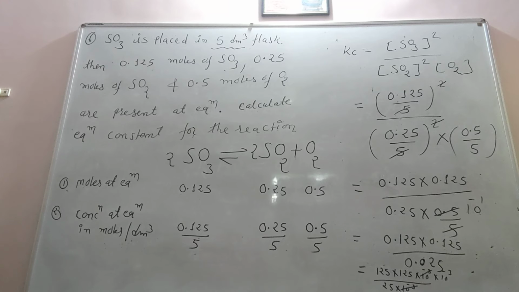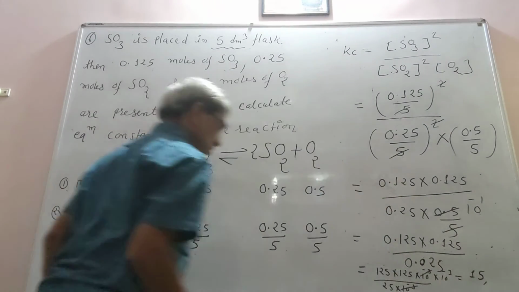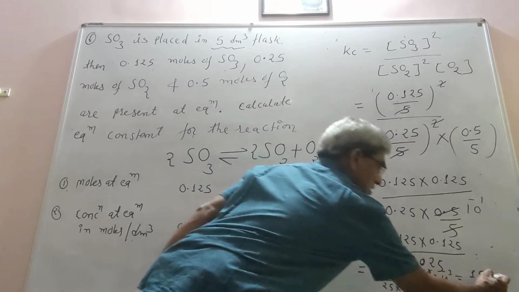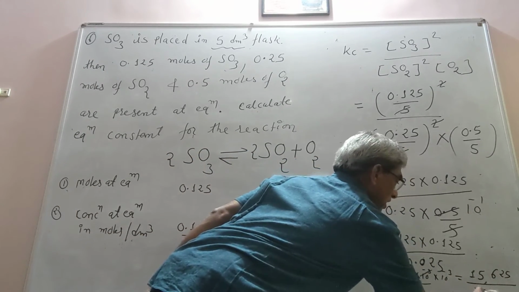By doing the calculation, 125 into 125 equal to 15,625 divided by 25.